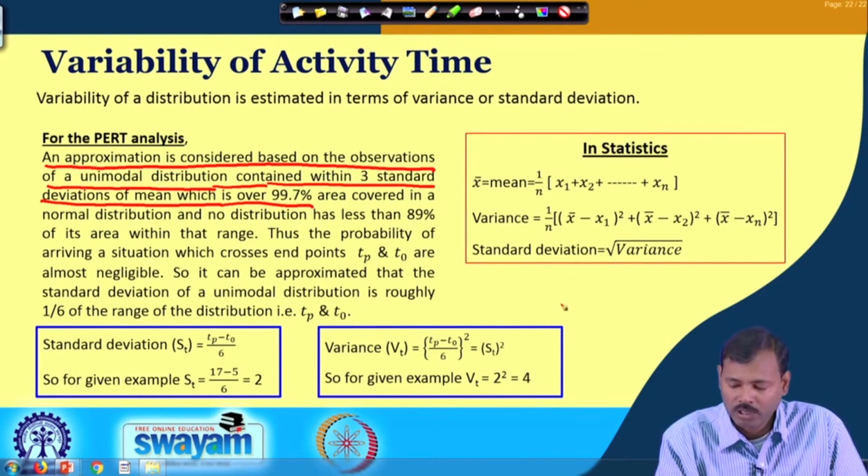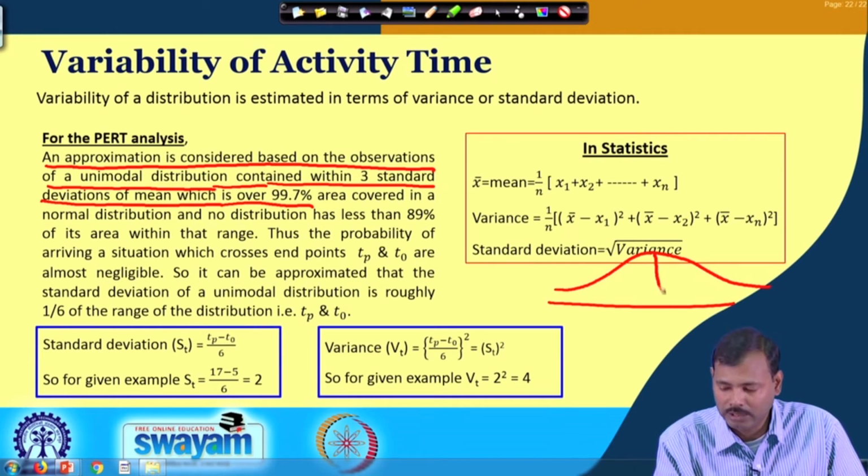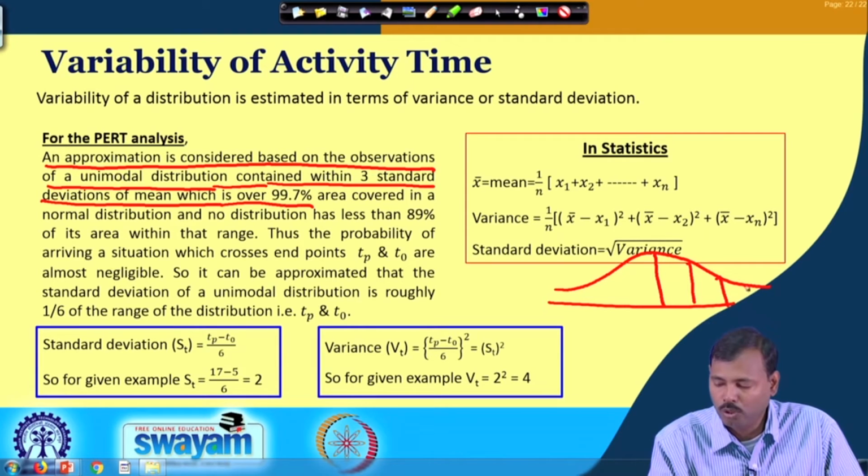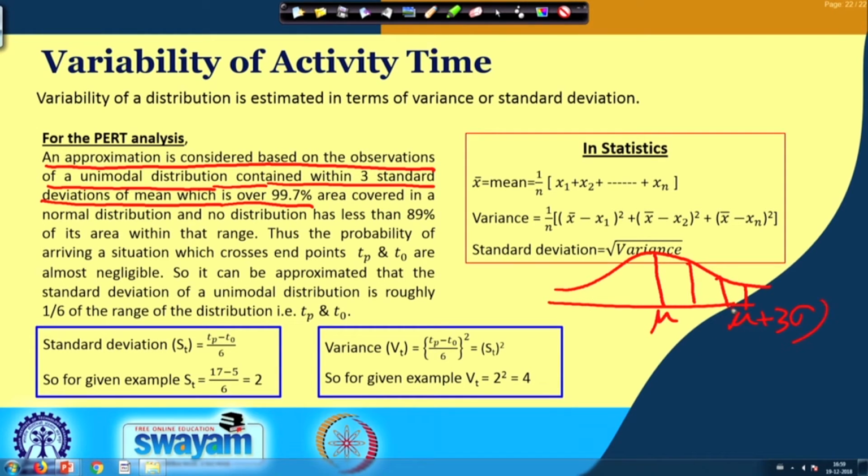That means, if your distribution is ranging like this and this is your mean, mu, then it is estimated that if you go up to mu plus 3 sigma, in both the cases, you are covering 99.7% area within this zone if you are considering a unimodal distribution.